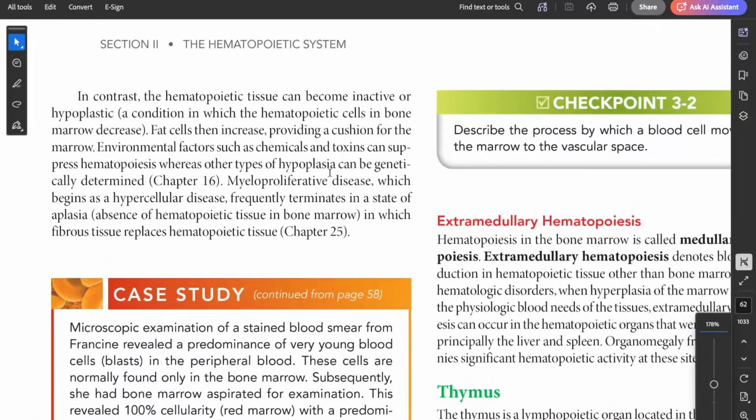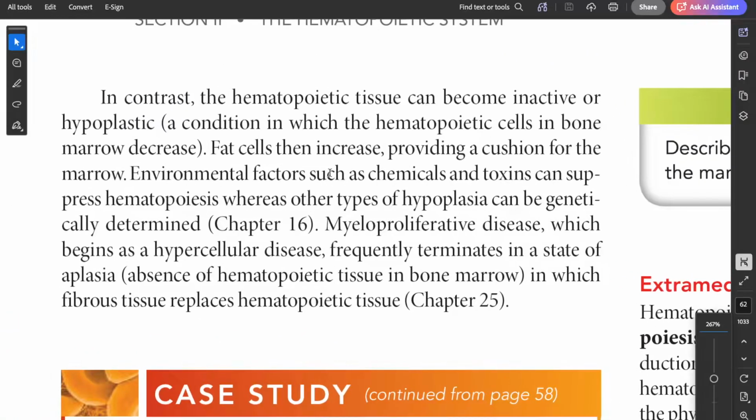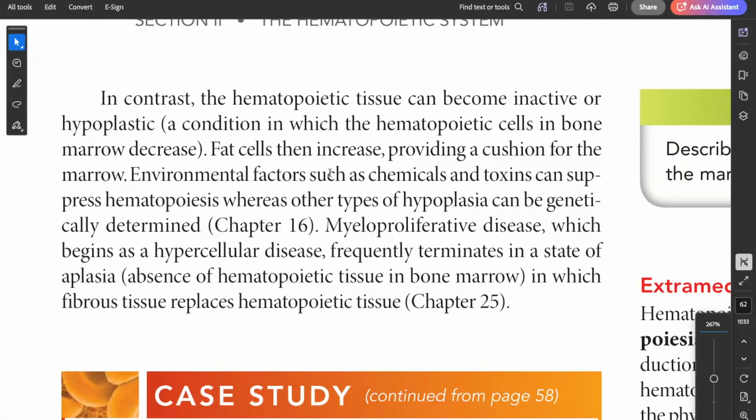In contrast, the hematopoietic tissue can become inactive or hypoplastic, a condition in which the hematopoietic cells in the bone marrow decrease. Fat cells then increase, providing a cushion for the marrow.